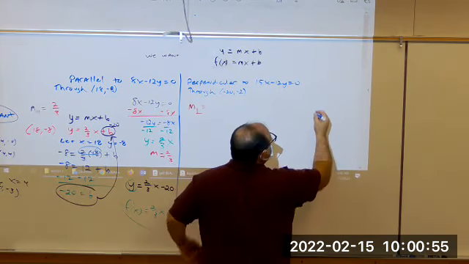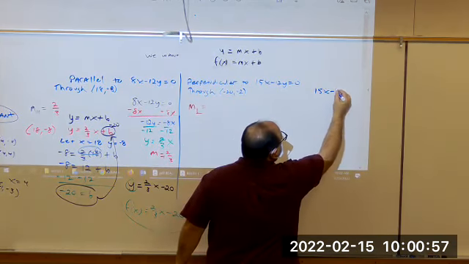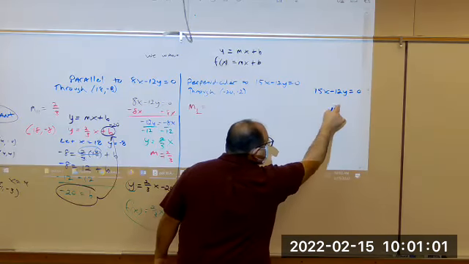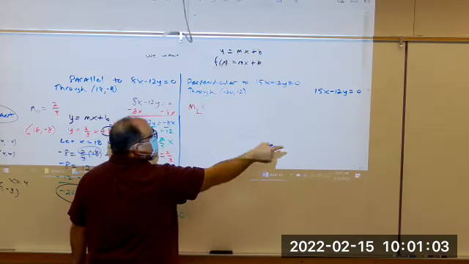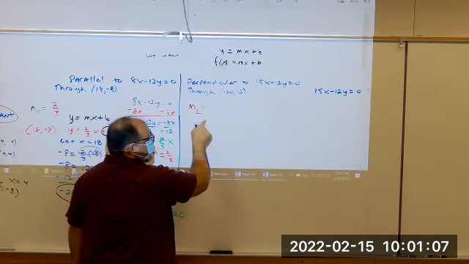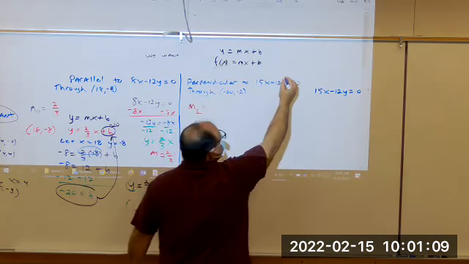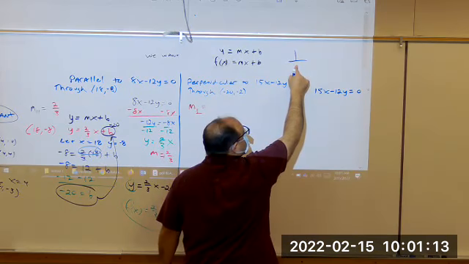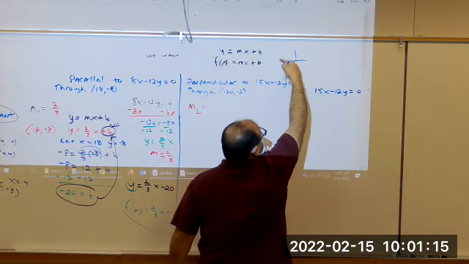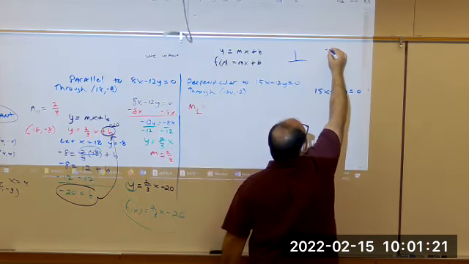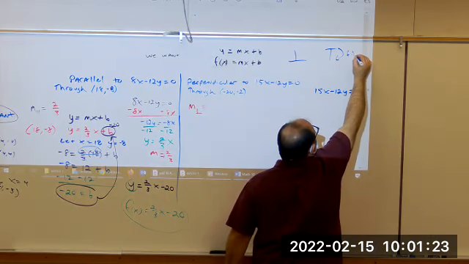So this is 15x minus 12y equals 0. I'm going to figure out this slope, and then I'm going to change the sign and flip it for the perpendicular. It's kind of like the symbol for perpendicular looks like a T. Now, they go in opposite directions. One's going left and right, one's going up and down, opposite directions. And it looks like a T that's been flipped.